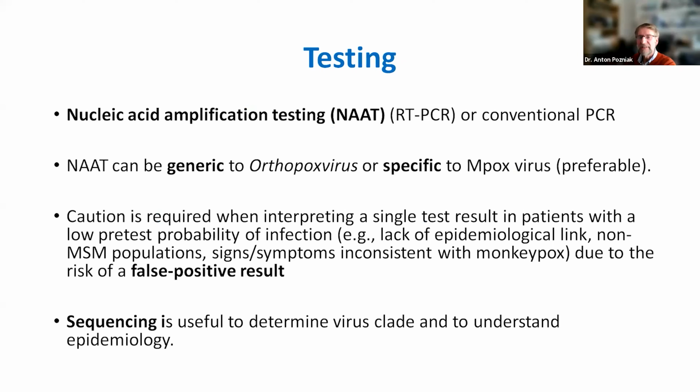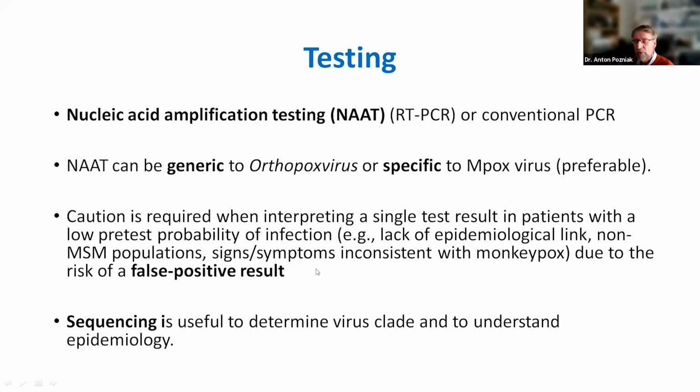Now, what about testing? Well, you can do reverse transcriptase PCR or conventional PCR, but the problem is it's much better to have a specific Mpox virus test, because there are orthopox viruses which cross-react, and some people have been saying to me that maybe 5 to 20% of some people in some areas of the world may have been infected with other orthopox viruses, which may give you a false positive.